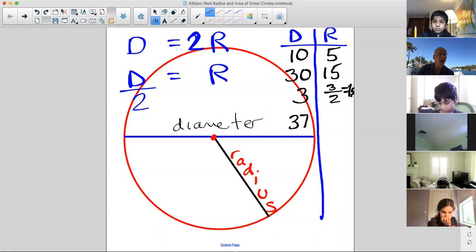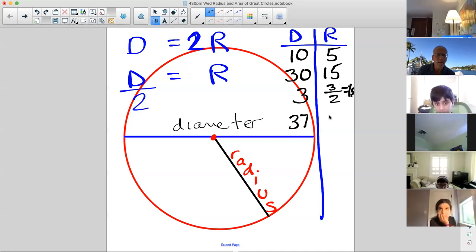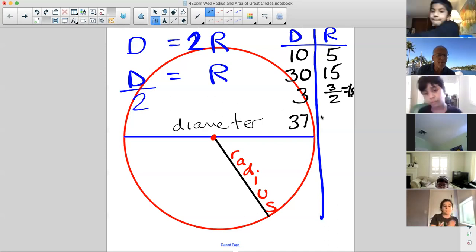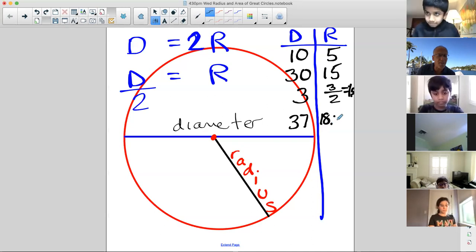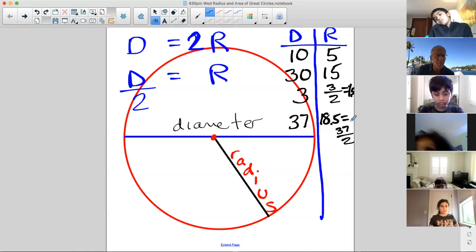What's the radius if the diameter is 37? And on 3, everybody. 1, 2, 3, go. 18.5. Or wouldn't it be just easier to say 37/2? It's so cool when we can just use fractions.